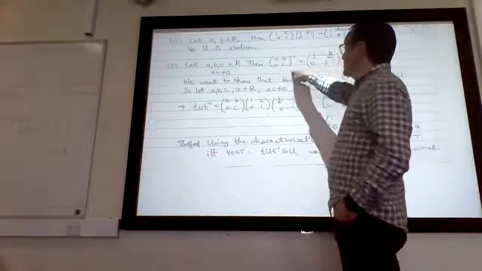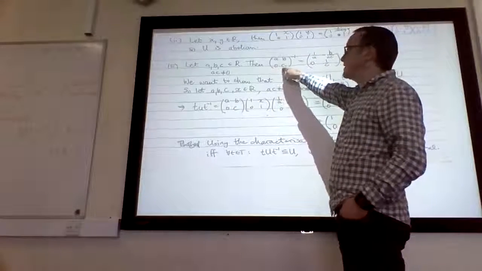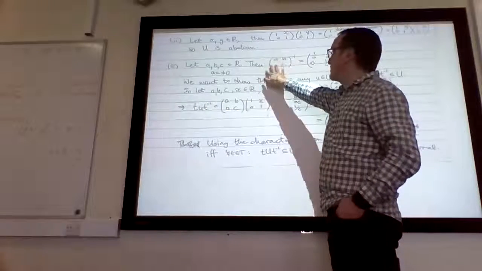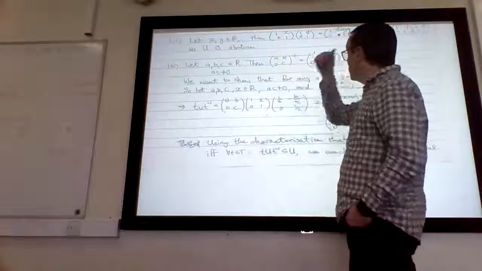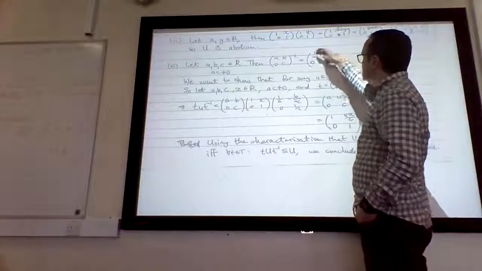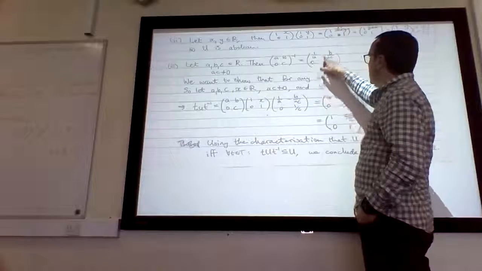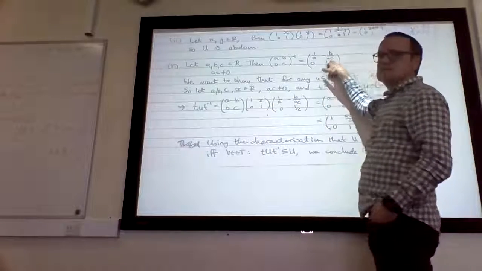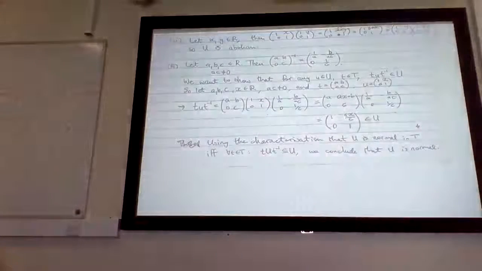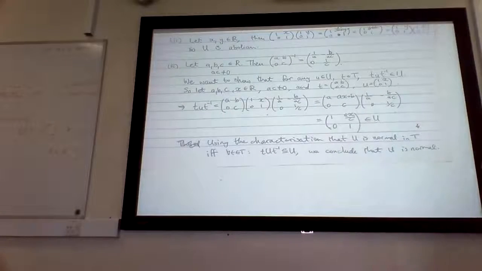He establishes this formula for the inverse. This is a generic element from T, any A, B, 0, C. That's a generic matrix in the group T. Its inverse, well, just operate the definition of inverse. It's 1 over A, 1 over C, 0, and minus B over AC up here. You could do that.